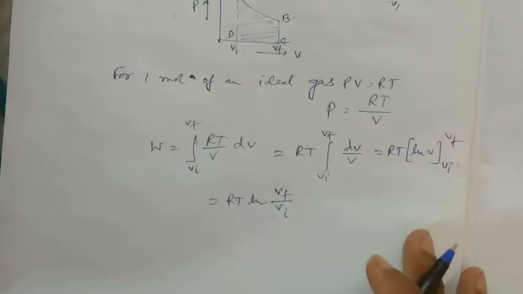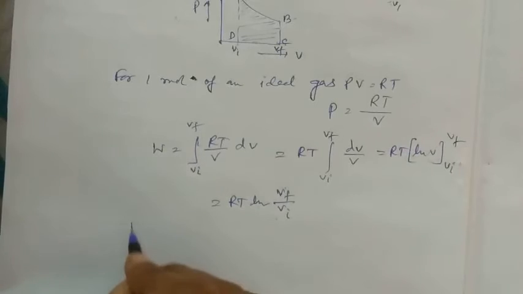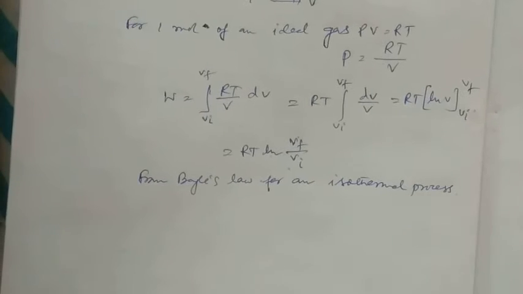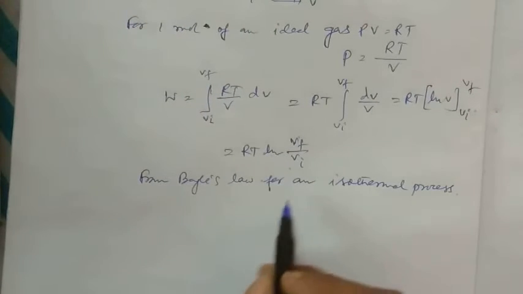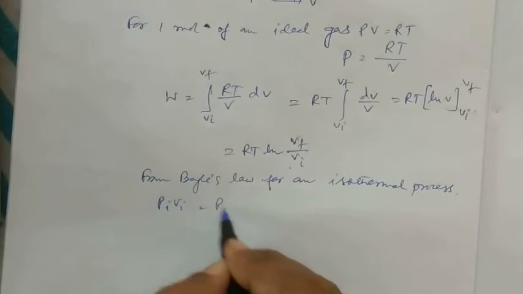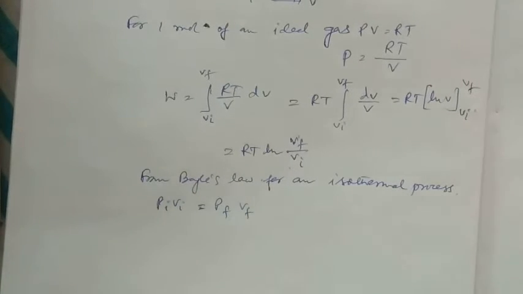Now from Boyle's law, for an isothermal process we can write Pi Vi is equal to Pf Vf.